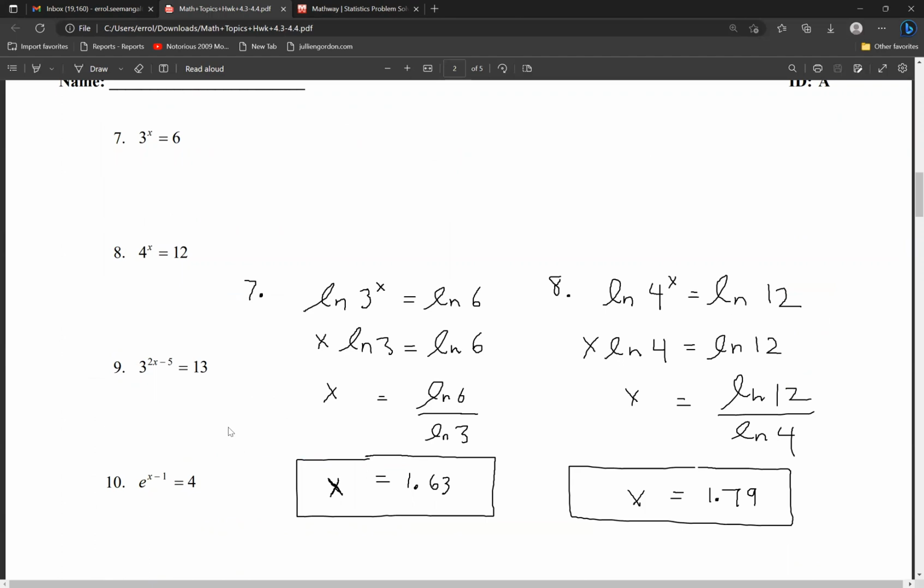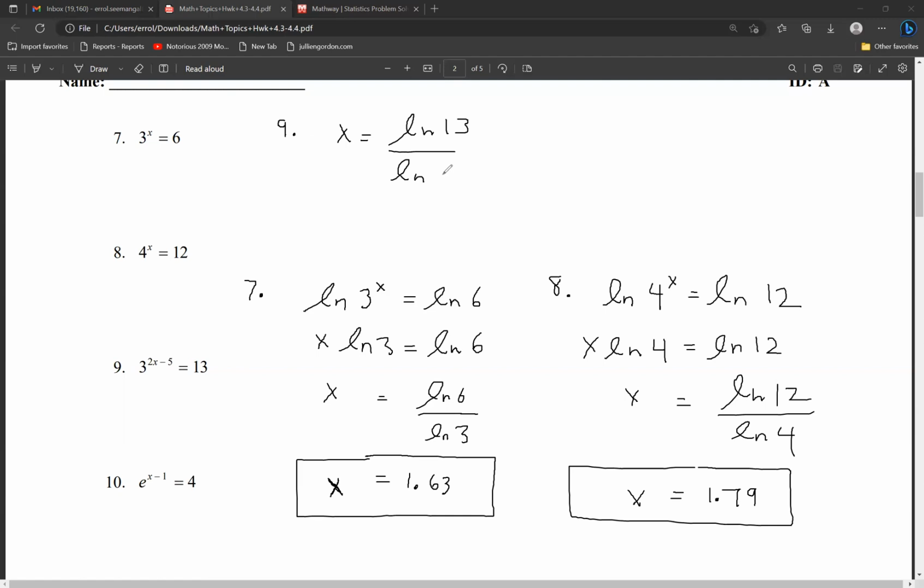All right, 9 is done the same way as 7 and 8. Let's do 9 up here. Tell me how we are going to do 9. x equals ln 13 over ln 3, 2x minus 5.